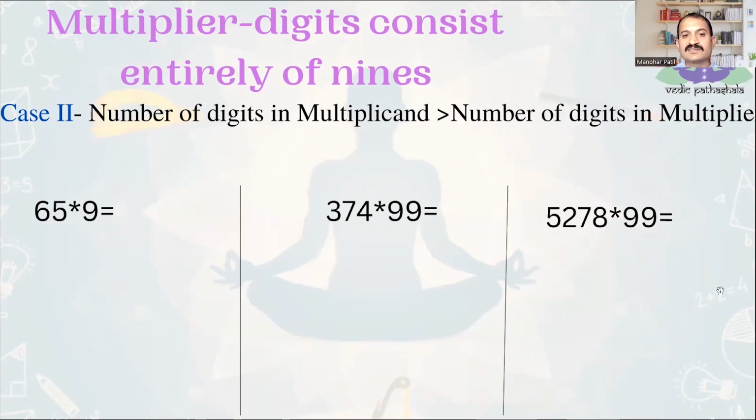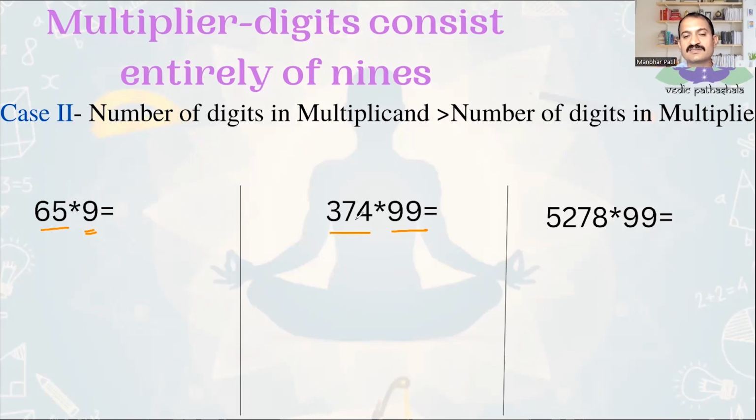So the next case is number of digits in multiplicand is greater than number of digits in multiplier. What does that mean? You can count the numbers. Number of digits in multiplicand, there are 2 numbers, but the multiplier is made up of only 1 number. There are 3 digits in multiplicand but 2 digits in multiplier.